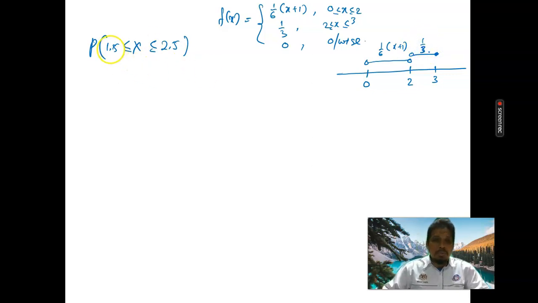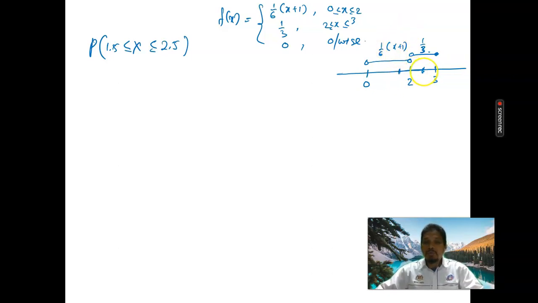So 1.5 until 2.5, which I think 1.5 is somewhere around here, between 0, 1, 2, and 2.5 is somewhere around here. Meaning that it crosses the border of the domain of this function and the domain of this function. Meaning for the domain of 1.5 until 2, this is the function.